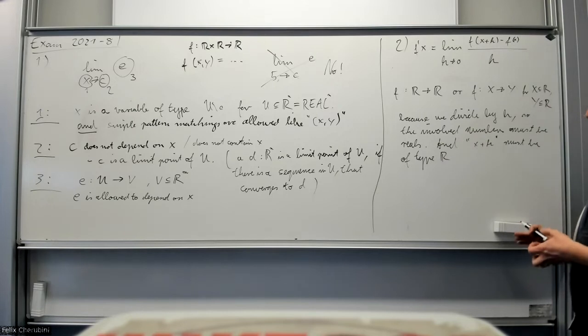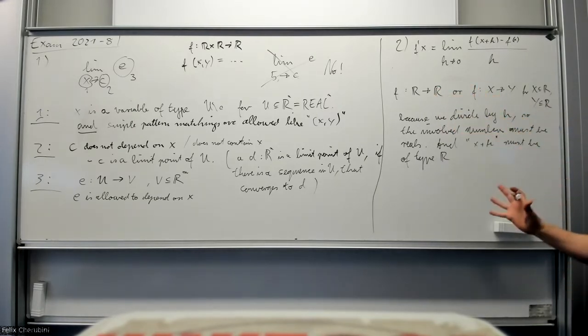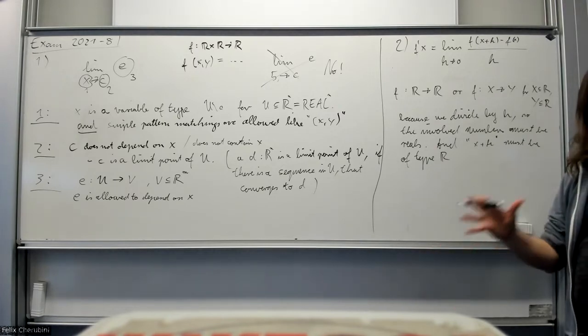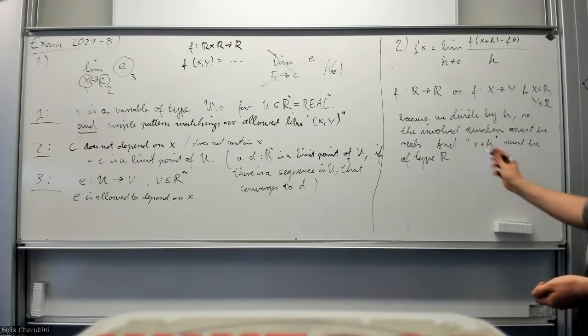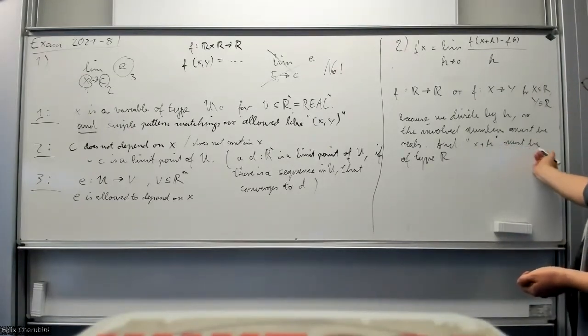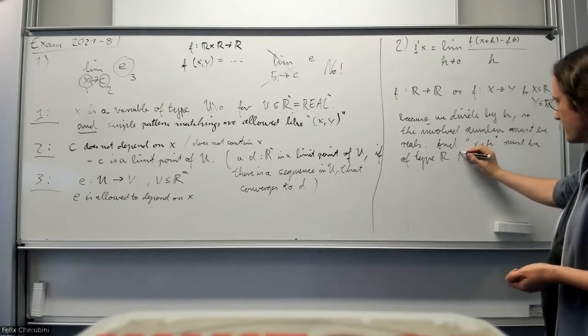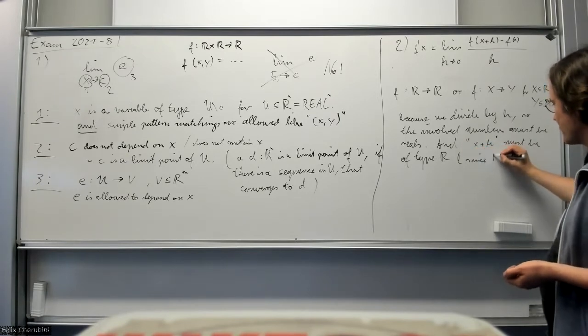I don't think you have to be that verbose, but you have to write something that is an argument if you're asked to explain something in an exercise. And x plus h must be of type R, since h is.